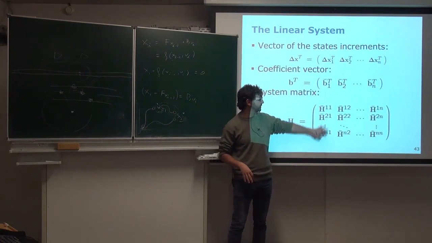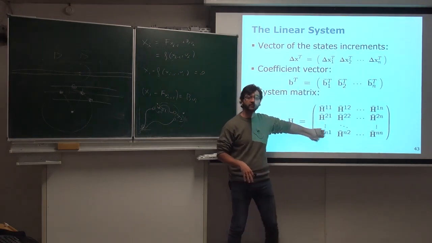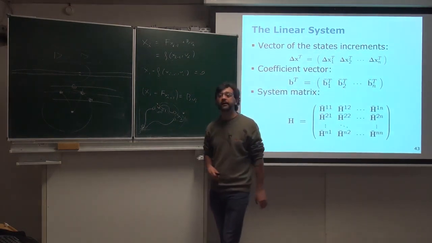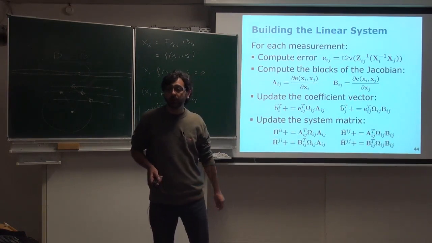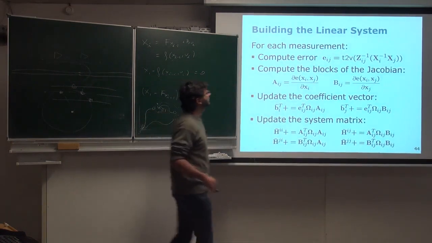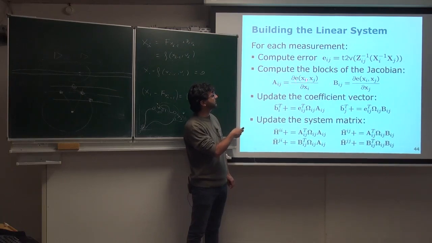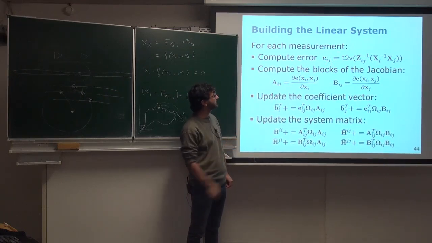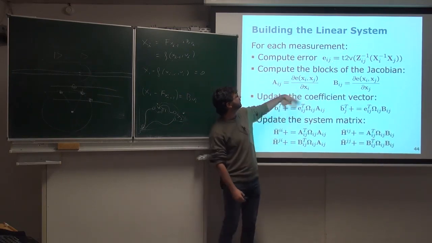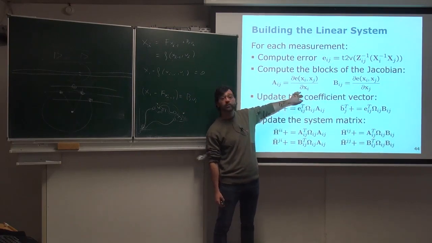Here I'm just putting everything as an H, but a lot of these small block H will be zeros. Once we have this, we know that we can take the A and b's as the derivative of each error function for each of the edges. So basically what we need to do is compute these Jacobian blocks.